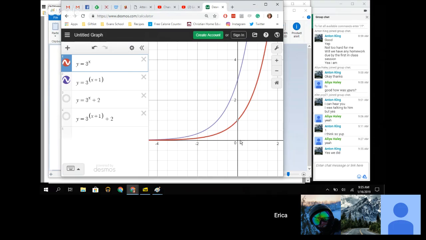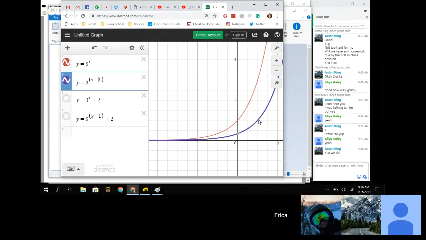Okay, so now instead of when x equals 0, y equals 1, it's when x equals -1, y equals 1. And instead of when x equals 1, y equals 3, when x equals 0, y equals 3. So everything has been shifted to the left by 1. If I would have put a negative in here, then it shifts my graph to the right by 1, right?